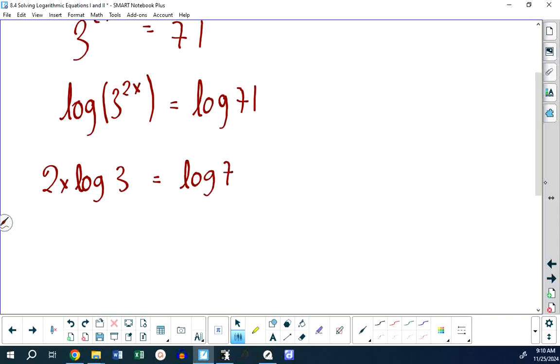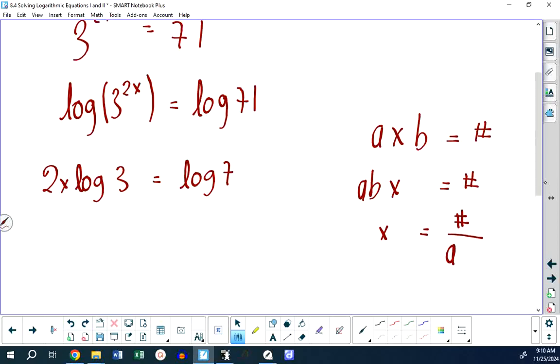And that 2x log 3 is like me having a times x times b equals some number. And if I have a times x times b, that's the same as a times b times x. So x would be equal to that number over whatever a times b is.